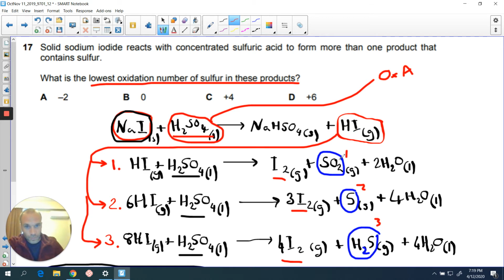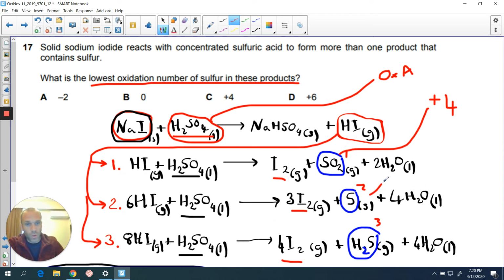sulfide. So what is the oxidation state of sulfur in situation 1? Well, we've got 2 times -2 there for the oxygen, so that means our sulfur is going to be +4. Now remember, in each case here, the sulfuric acid is being reduced, so this sulfur oxidation number should be dropping as we go from equation 1 to 2 to 3.